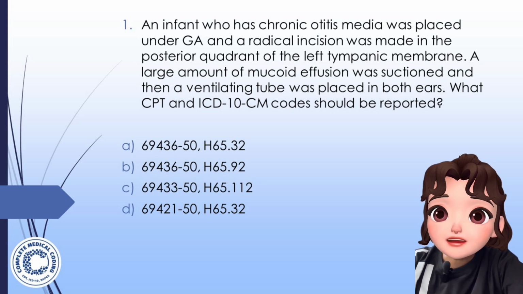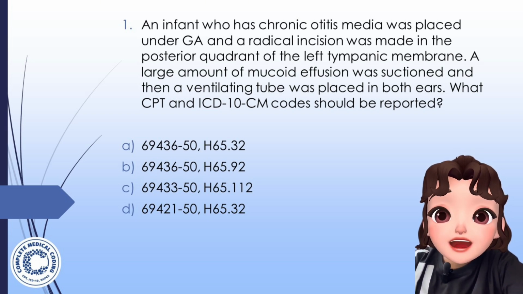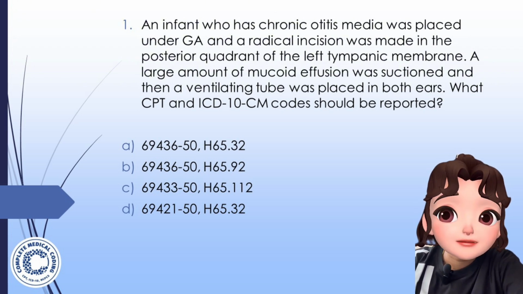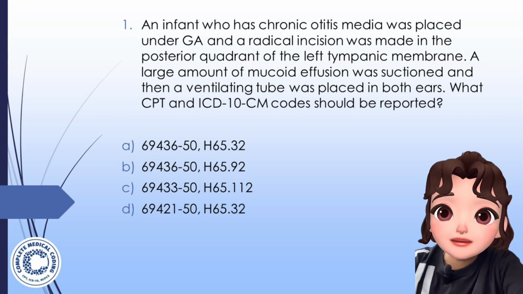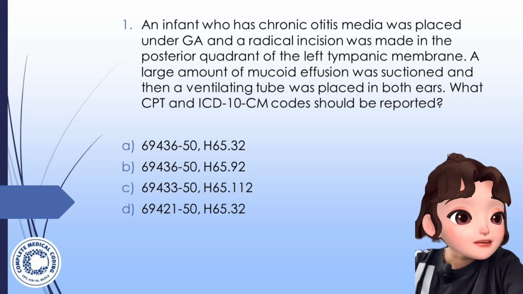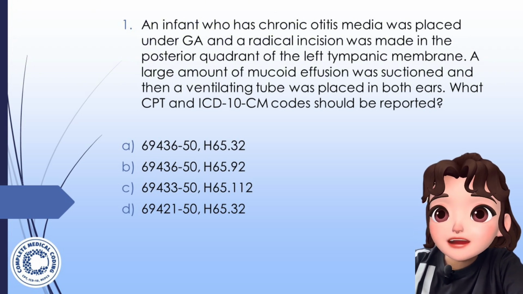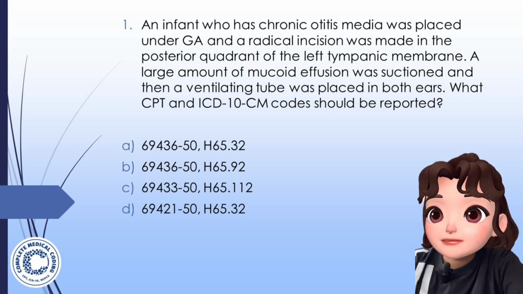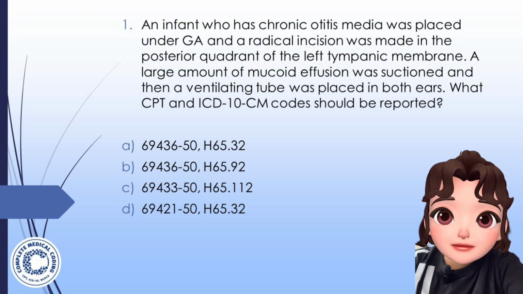H65.32. So just open the ICD code book and go to H65.32. What does H65.32 represent? H65.32 represents chronic mucoid otitis media, left ear. You can see in the question, a radical incision was made in the left tympanic membrane.